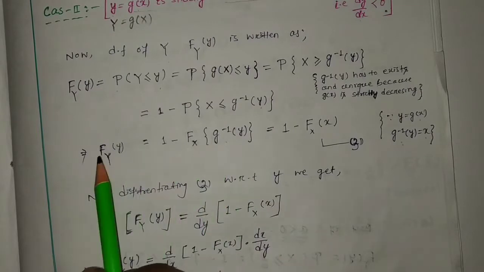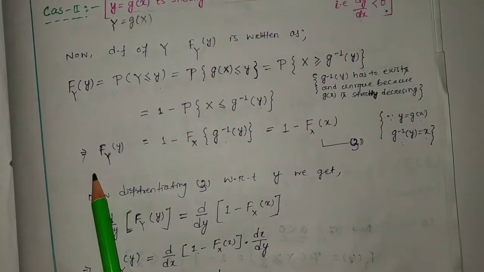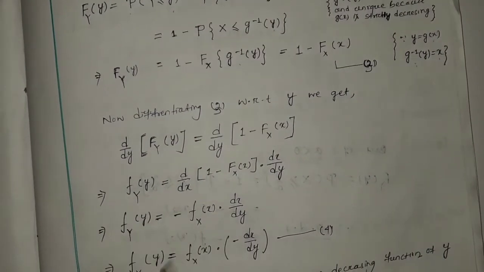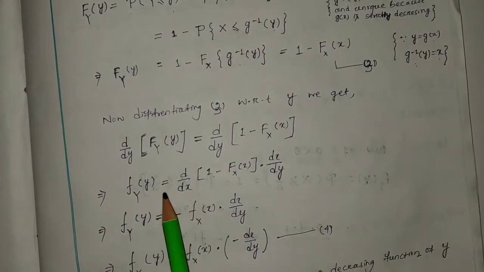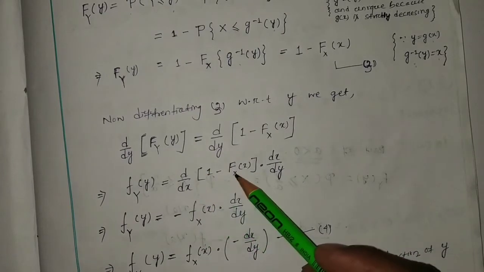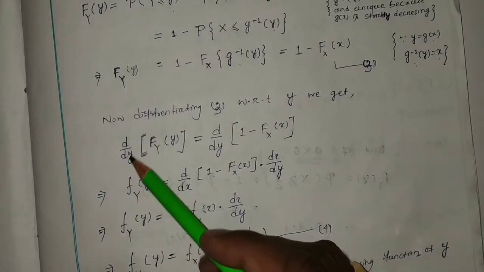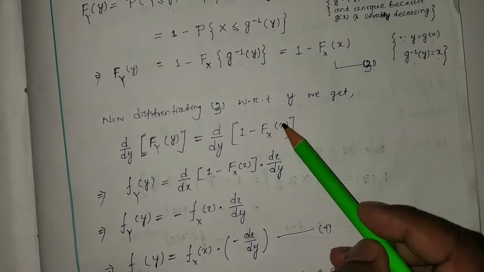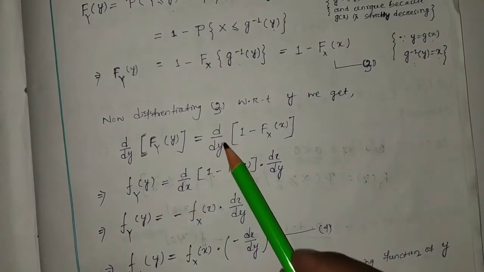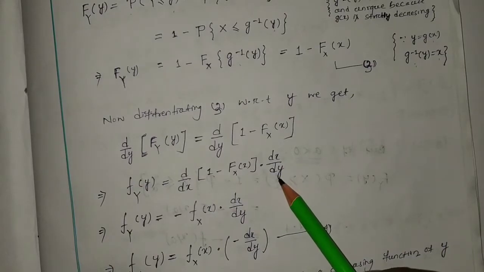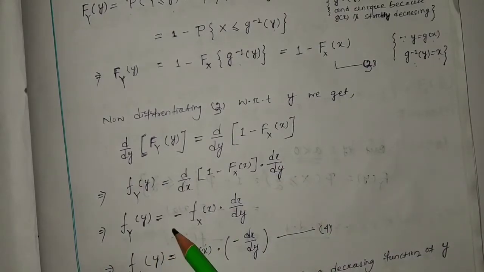Now we have to differentiate left side and right side. What are we going to find? We can find f of y equal to, sorry, d by dy of this one. So this d by dy can be written as d by dx into dx by dy, and f of y will be equal to minus.